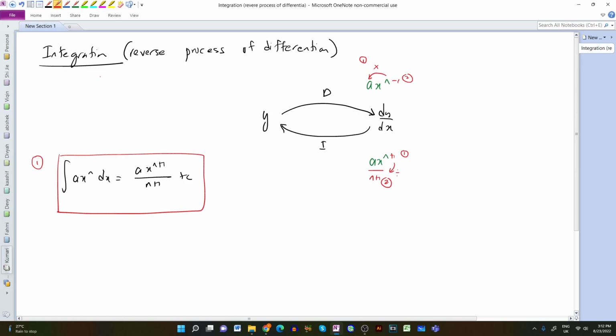Now, you can see here that there is a plus c. So what is this plus c? Integration can be divided into two categories. One is indefinite and definite.